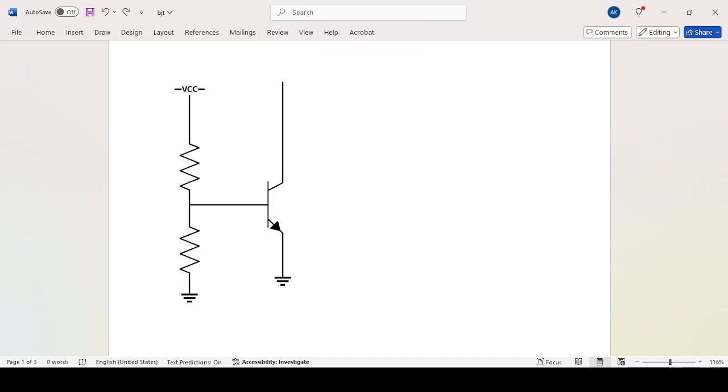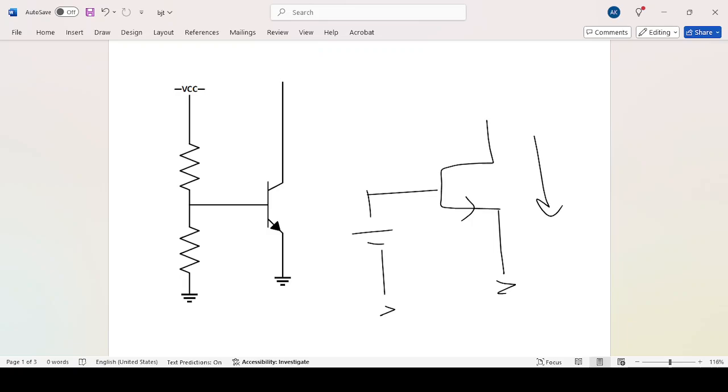So in CMOS, when we design a current source, sometimes we use something like this, and we add a bias at the gate of the transistor, but it is not possible to do this in bipolar.